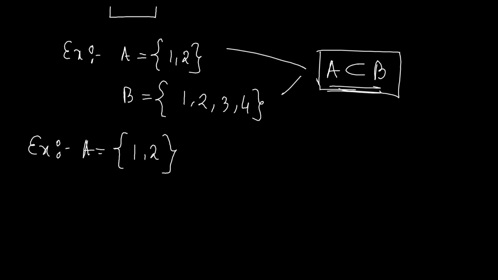A has the elements 1 and 2. Suppose I take a set where only one element is present, that is 1. Obviously the element 1 is present inside set A, so all the elements of this set X are present inside A. So we will say that X is a subset of A.